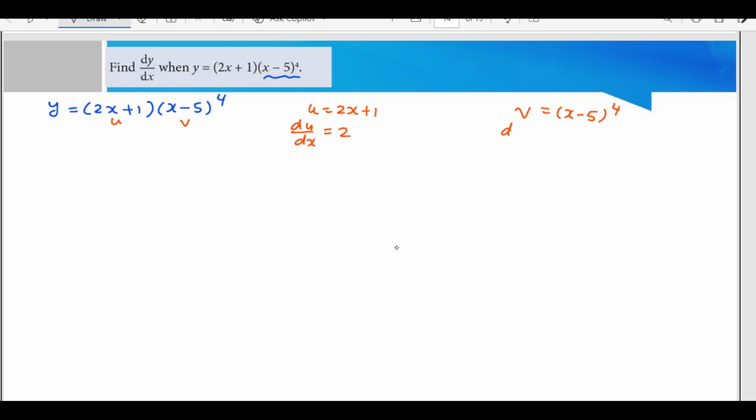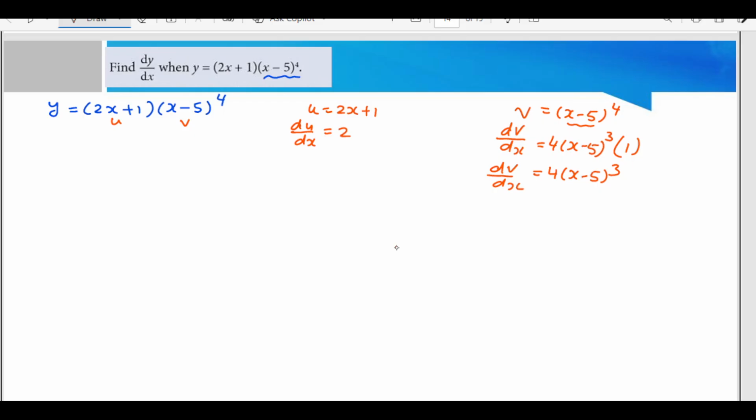The other one, dv/dx, is going to be 4 into (x - 5) to the power 4 minus 1, which is 3, and by the chain rule the derivative of x minus 5 is 1 minus 0, that is 1. So basically we have 4(x - 5)^3. This is our dv/dx.